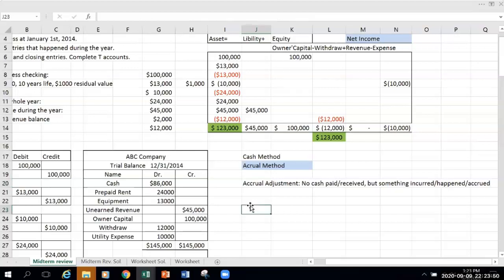There is another type of adjustment. We call it deferral adjustment.